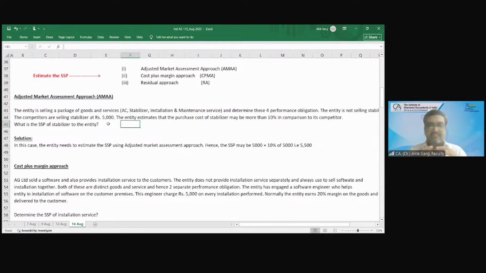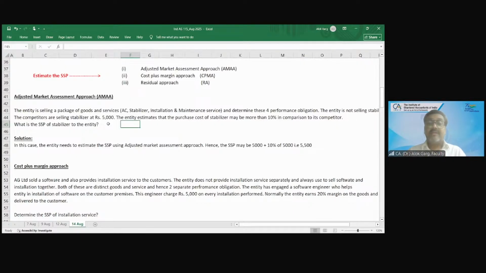5,000. Adjusted market assessment approach. Okay. So not 5,000, it is 5,500. I'm not selling that goods separately. I don't know the price, but I know my competitors are selling that goods separately. They are purchasing in bulk, right? And I know that my purchase cost is 10% more than the purchase cost of my competitor.